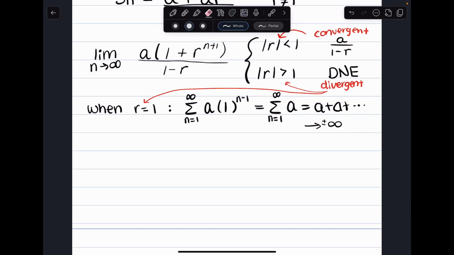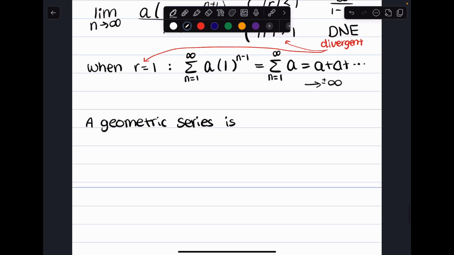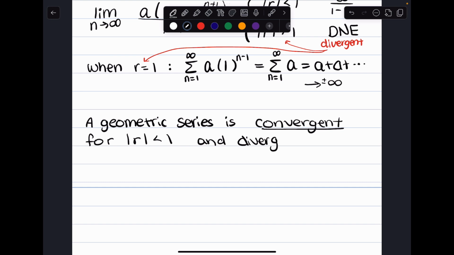So to summarize, a geometric series is convergent for absolute value of r less than 1 and divergent otherwise.